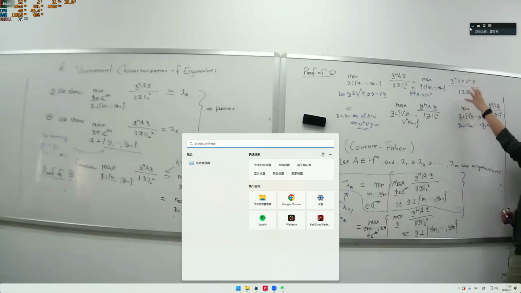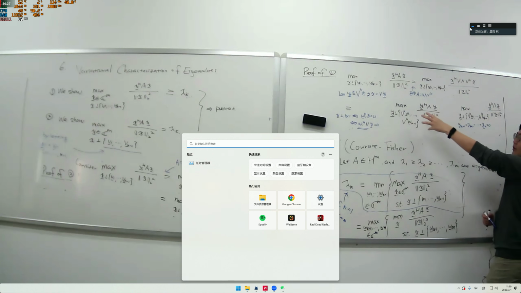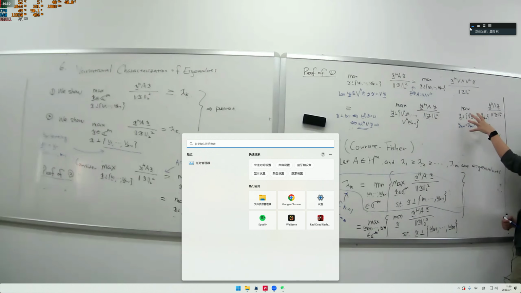Then this is a maximization problem, where y is subject to this constraint. Now the constraint becomes stricter, so the feasible set is smaller because we have added one more constraint.